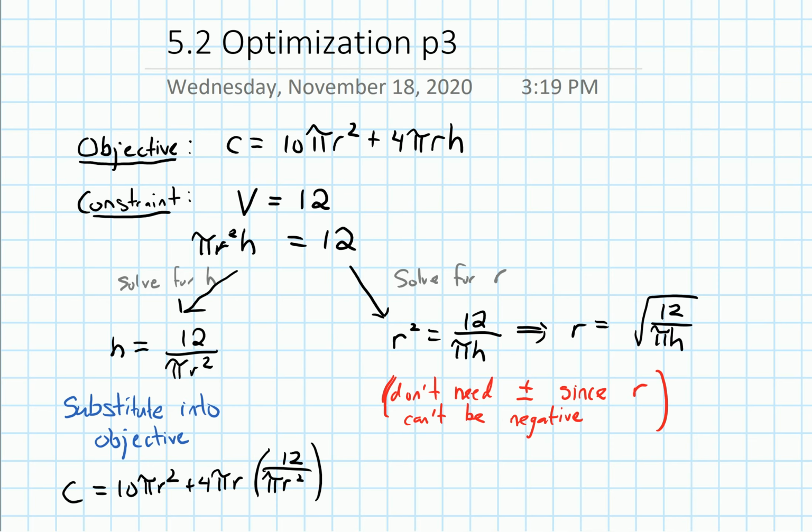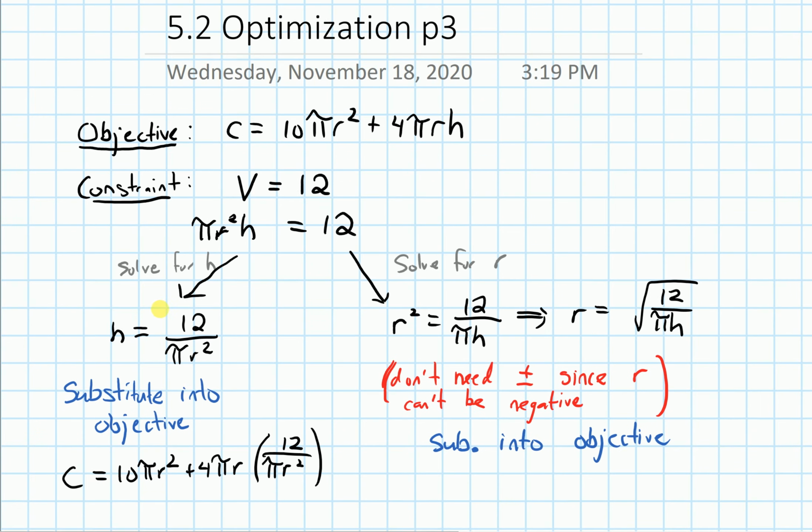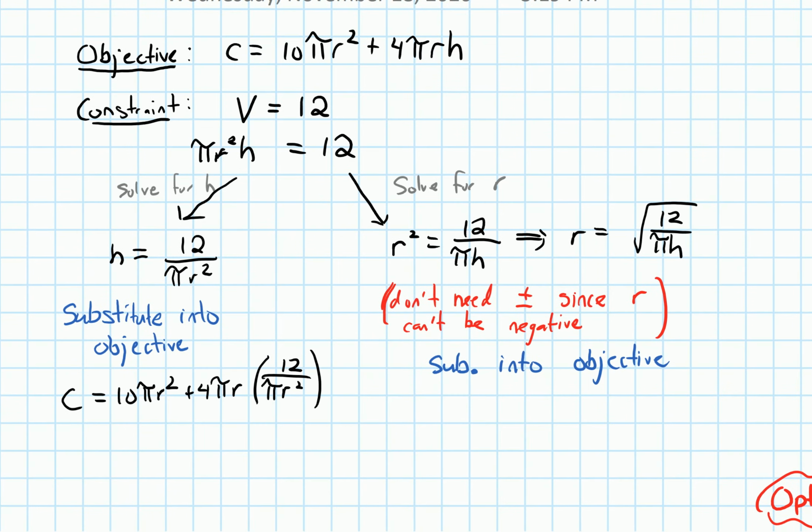All right, and now I got r isolated. Let's substitute this into the objective equation. If we do that, we will get c equals 10 pi, and I'm going to have to square r. So I plug in r, which is the square root of 12 over pi h.